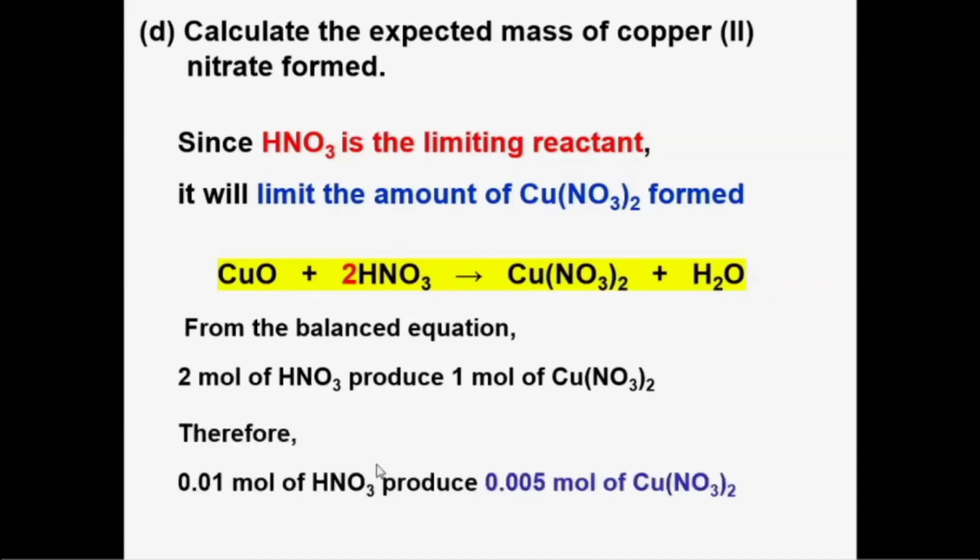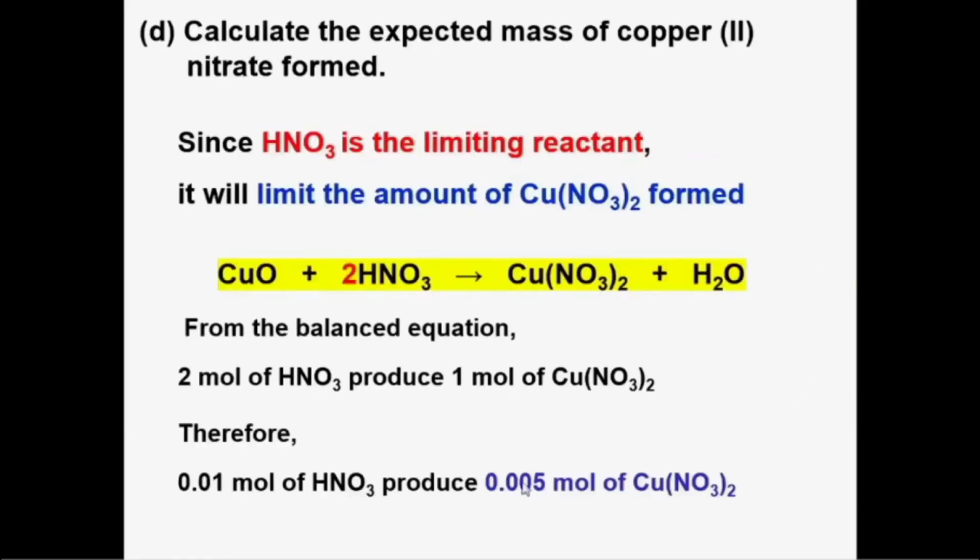We only use 0.01 mole of nitric acid, so therefore it should produce 0.005 moles of copper II nitrate. And this is the moles of copper II nitrate produced in this reaction.